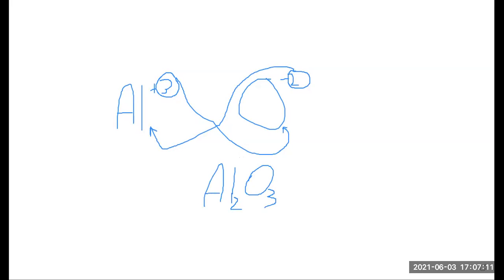This is your neutral molecule. That's not necessarily the only way to think about it.